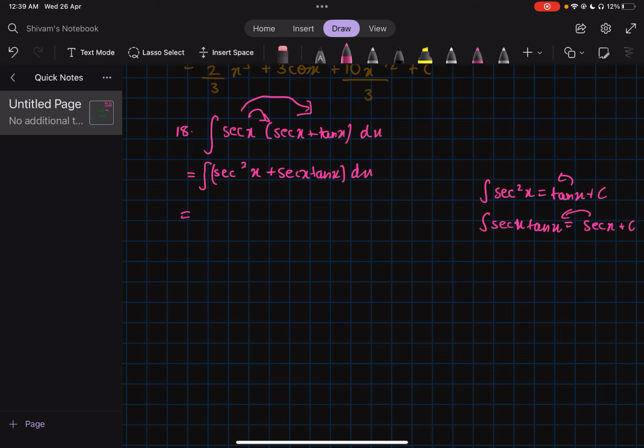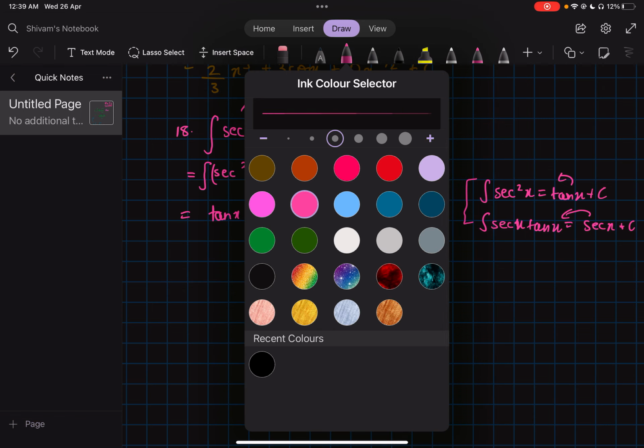So we're going to use these properties that we know and write it as tan x plus sec x plus c, and that's the answer, right?